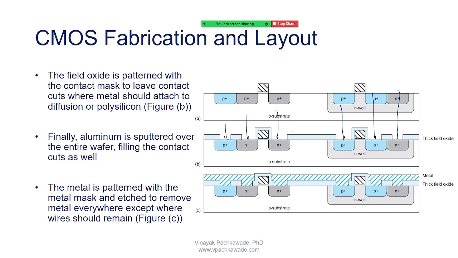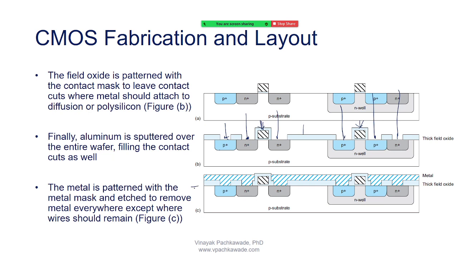So the field oxide will be patterned with the contact mask, and it will leave the contact cuts here where metal will go and will attach. The metal will attach to the diffusions or even to the polysilicon. Okay, even to the polysilicon, like Naren said somewhere, can we connect the poly gates with the metal? Yes, if I put the metal, I will connect the poly also.